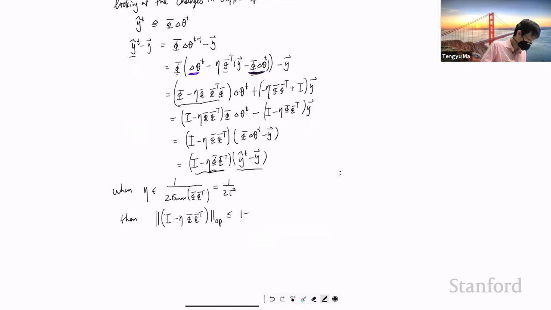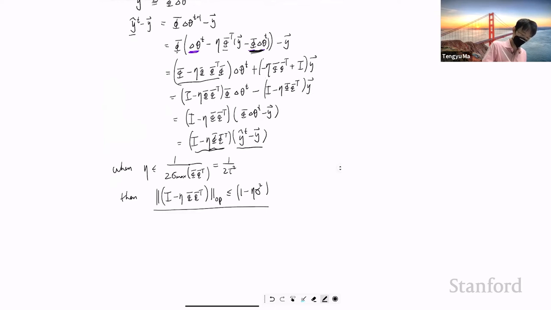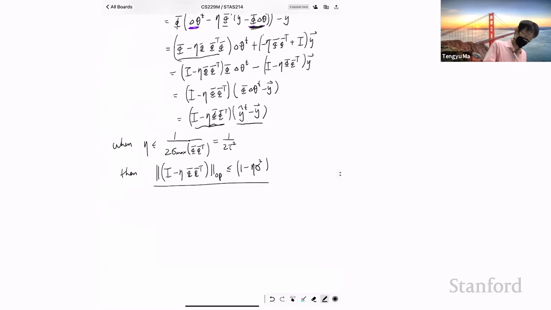less than 1 minus eta sigma square. I'll show this in a moment, but suppose you have this, then you know that the 2 norm of y hat t plus 1 minus y vec is less than the operator norm of this matrix times the 2 norm of y hat t minus y.